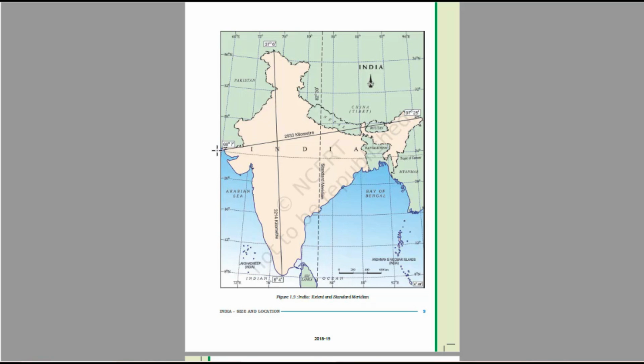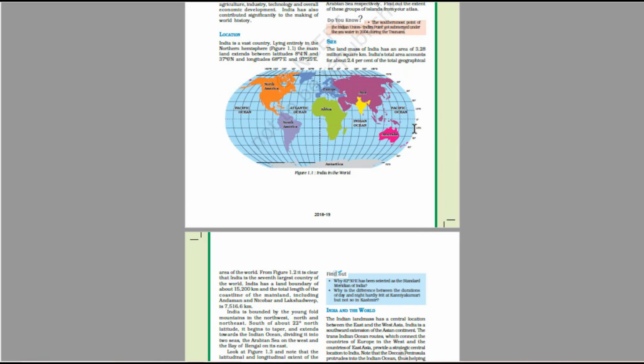So longitude 68 degree 7 minutes east to 97 degree 25 minutes east. It is clear to all.